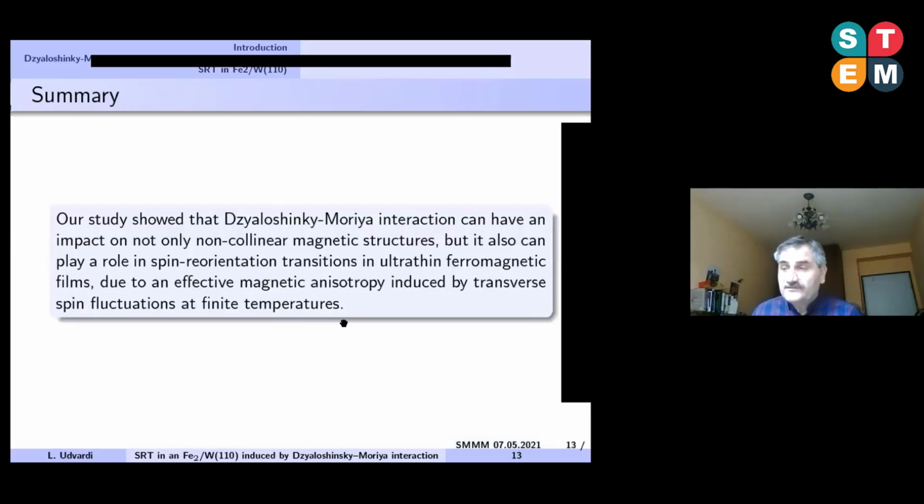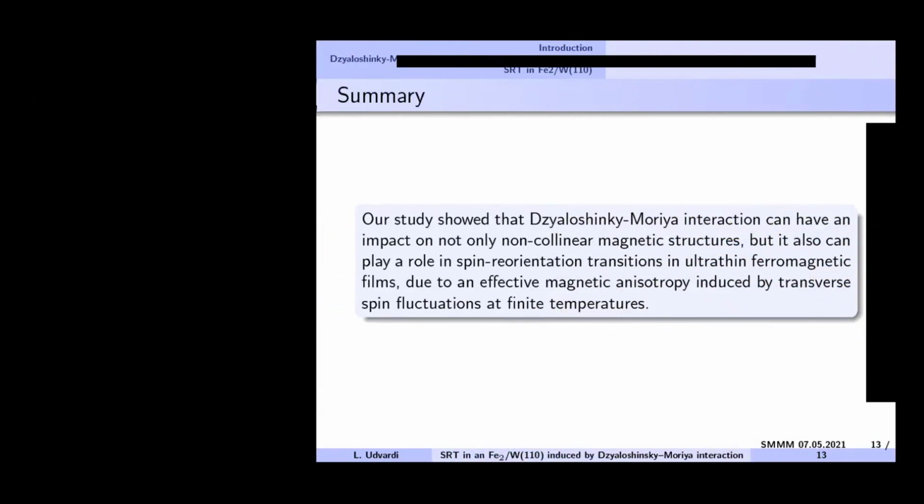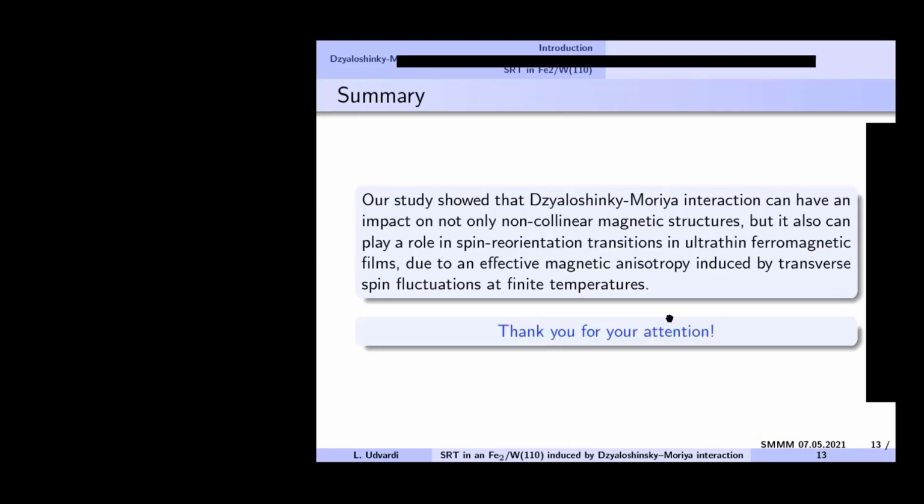So we conclude that in order to have the experimentally detected temperature-driven reorientation in the case of the iron double layer on tungsten, we need to include the Dzyaloshinskii-Moriya interaction, which has an impact on the magnetic anisotropy through the magnetic fluctuations. And I think I have no more time, so thank you for your attention.